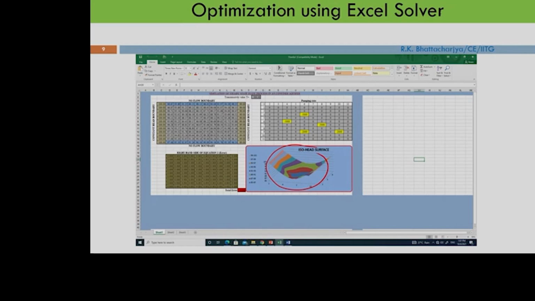This is the surface plot I have done, and there is some pumping here, here, here and here. With this pumping, you should get this value of H. I am getting somewhere here. So I will solve this problem using Excel solver. Now let us go to Excel solver and see how I can solve all this problem using Excel solver.